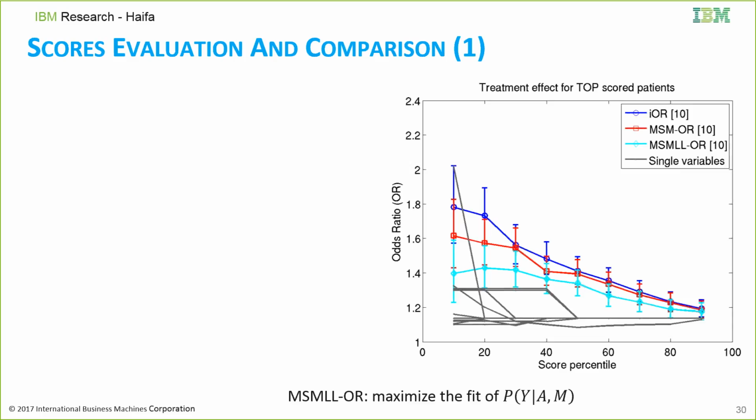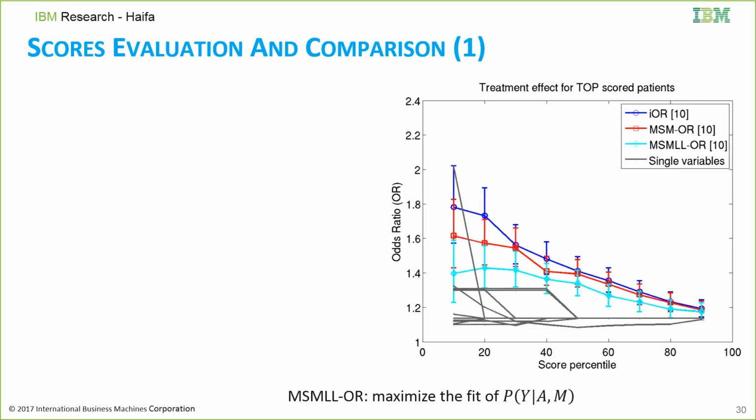And this one here in gray is taking individual variables associated with the outcome and testing each one of these separately, and as you can see, with the exception of this one, they are all below the scores.